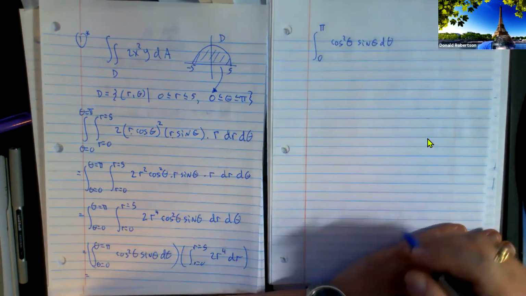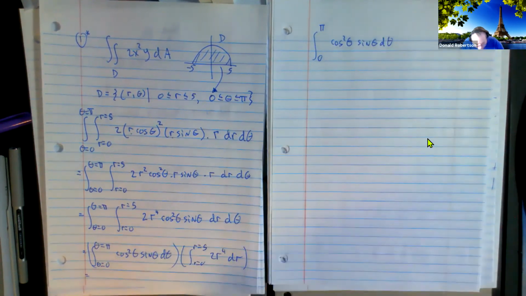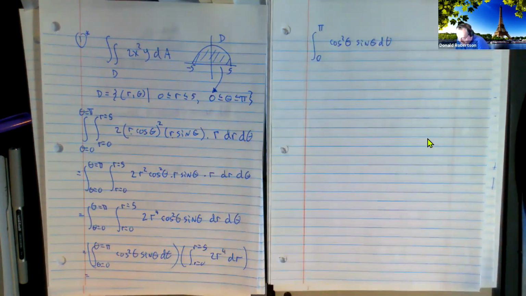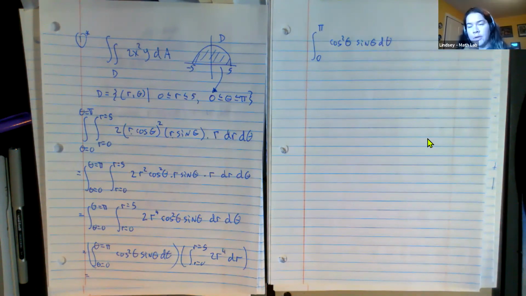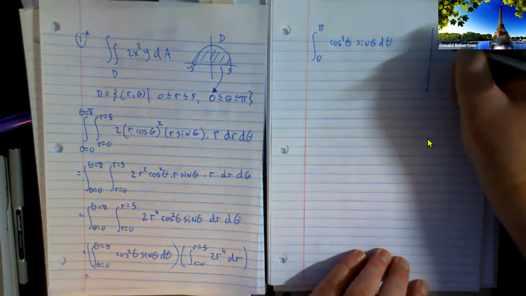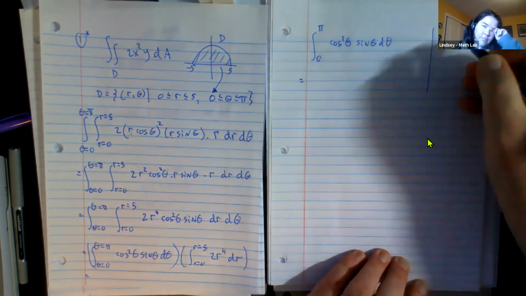Let's do that one first. What technique will I use to integrate this? Again, it's a Calc 2 problem. U sub would work. Who's the u sub? The cosine. Correct.